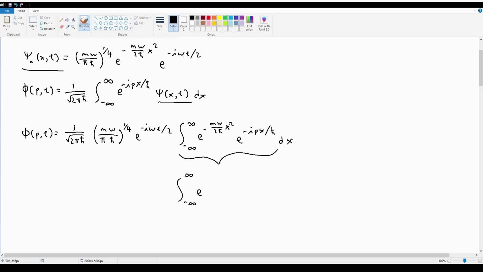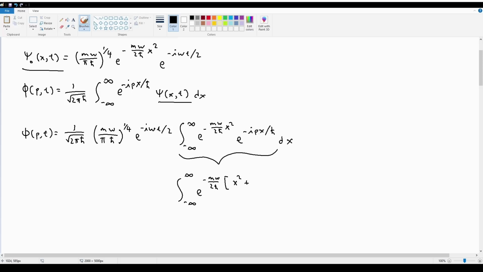If we combine these two, we're going to get a polynomial. So let's try to set aside that polynomial and see what it gets. I'm going to factor out this negative m omega over 2h bar at the start, and then multiply by, so the first term just becomes x squared, the second term, the negative and the negative makes a positive.